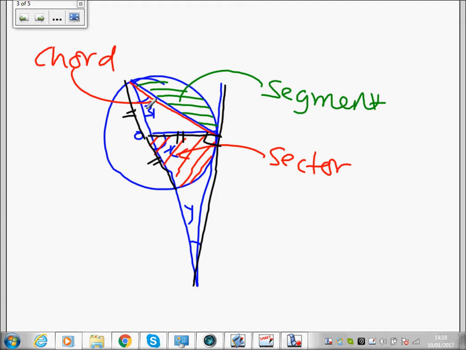There are many options here. All to the point here, that's a radius. And that's a radius. And that's a radius. So that line is equal to that line is equal to that line. Very important. Those facts are important for you to know.